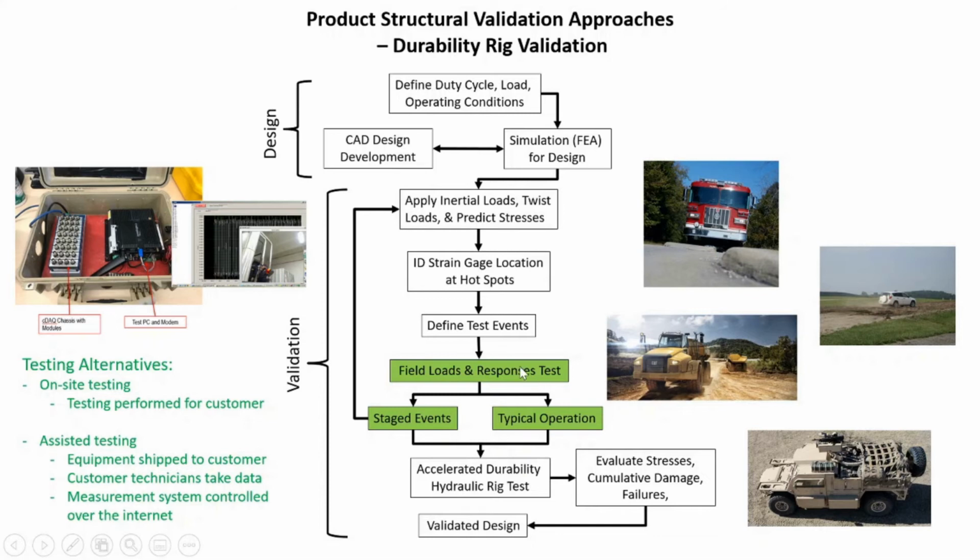The next step in this process involves measuring the field loads and responses. This is divided into really two areas. One would be staged events, which we always like to obtain some of, which could be, for example, a twist load.